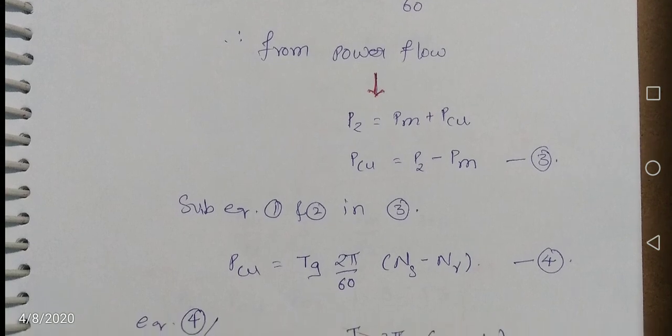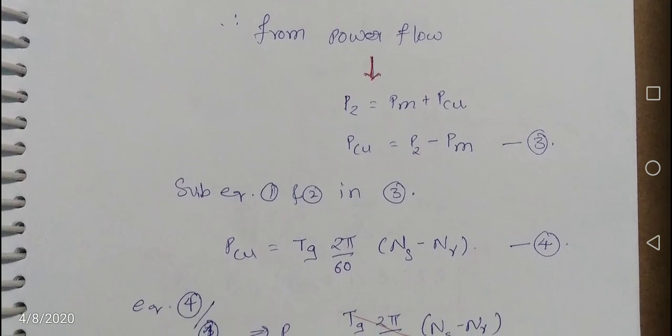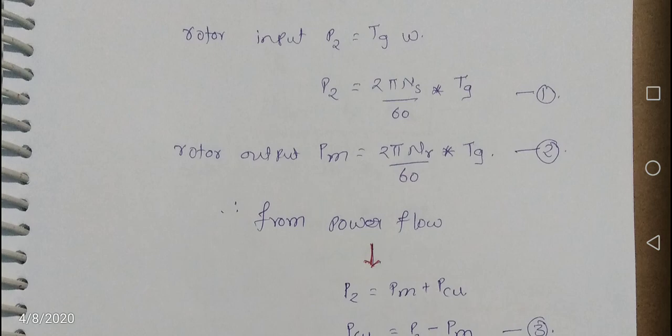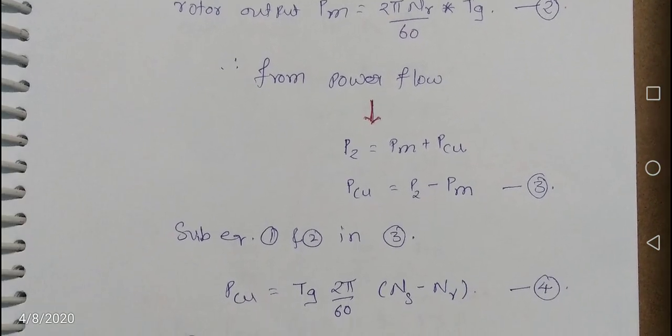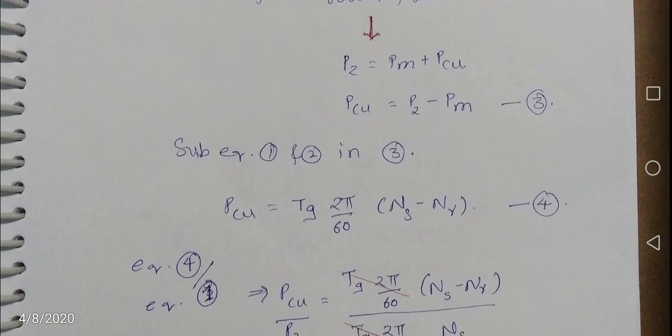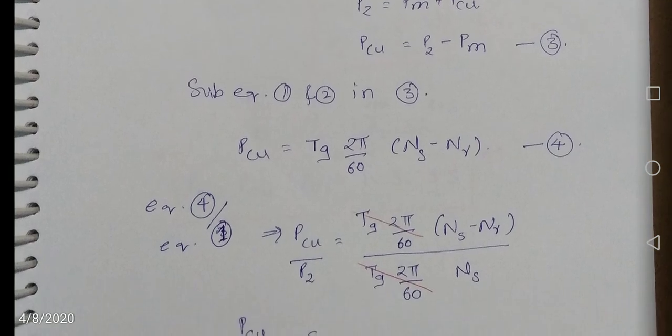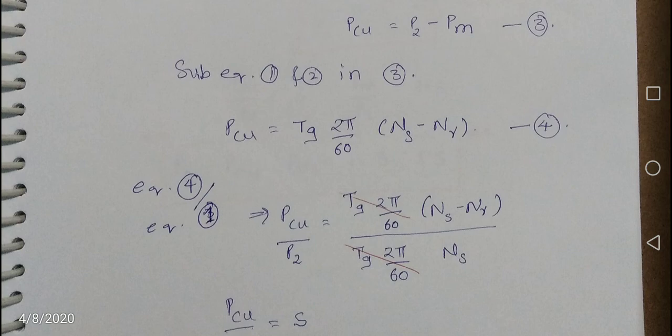Then the copper losses PCU equal Tz into 2 pi by 60, which is a common term in equations 1 and 2, into ns minus nr.